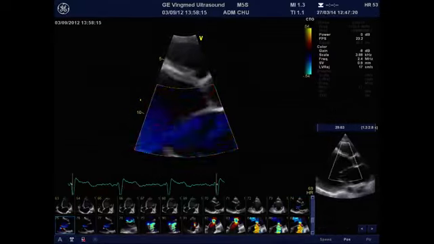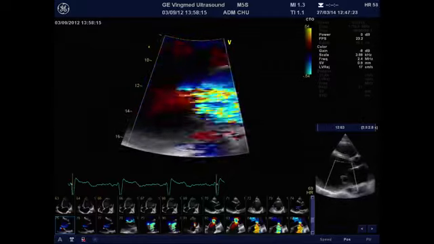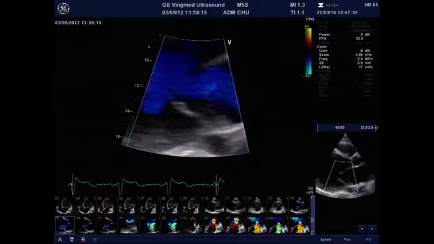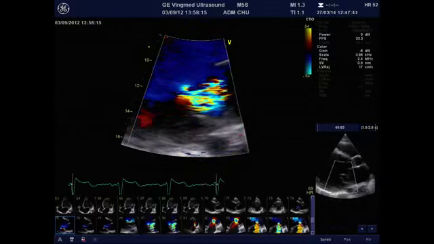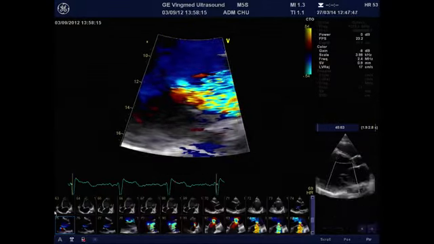And you can even zoom a bit more, because what is important when you try to look at the vena contracta, and you know the vena contracta is the narrowest portion of the regurgitant jet, just downstream of the regurgitant orifice, is to get the three components of the regurgitant orifice. And just to show you what is important is this. You have these three components here, you have the convergence zone, the vena contracta, and the extension into the left atrium of the jet.